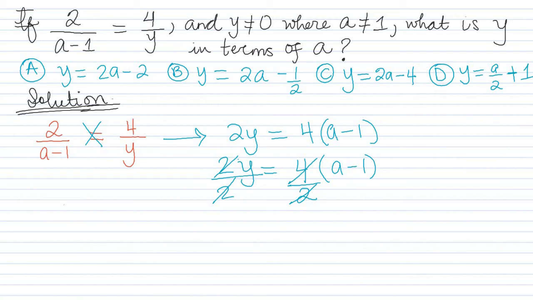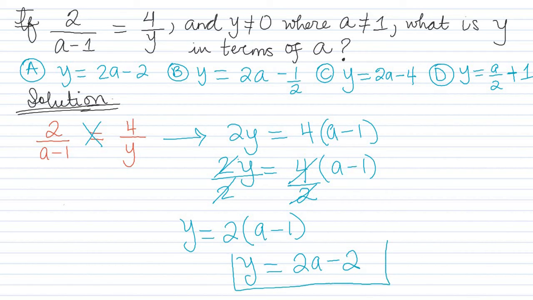So that cancels out, and we end up with y equals 2 multiplied by a minus 1. And when we expand, we have y equals 2a minus 2. And this is our answer.